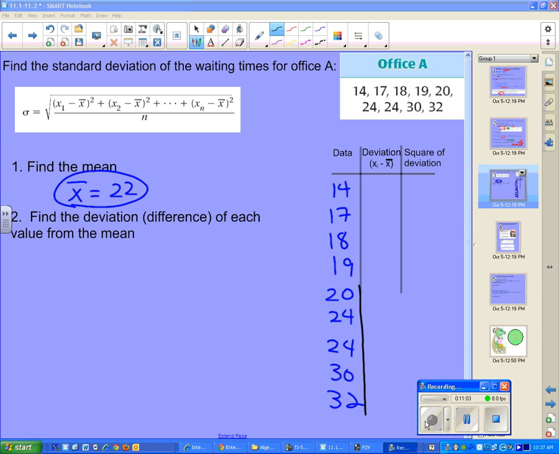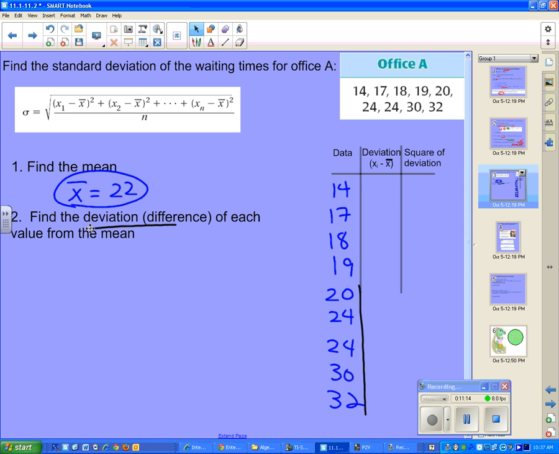And then your next step is to find the deviation, the difference of those data points from the mean. So for the first one, I'm going to take 14 minus 22, which is going to give me -8. And then 17 minus 22, which is going to give me -5, and so on.